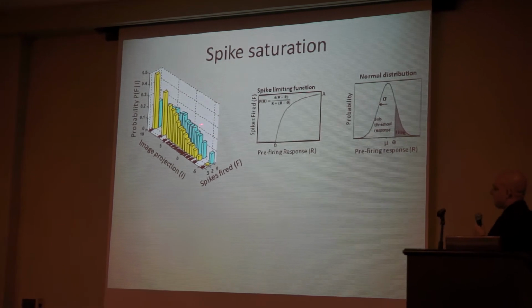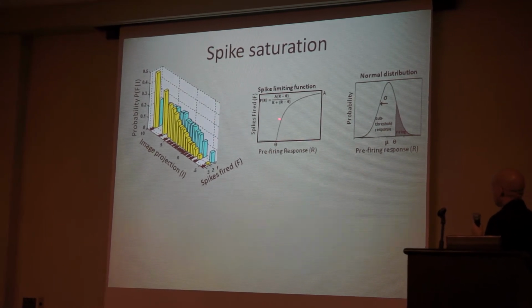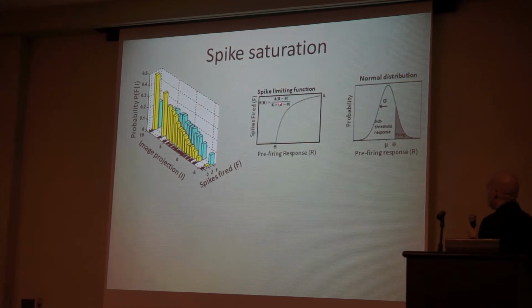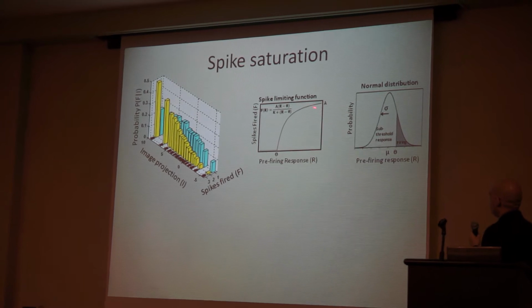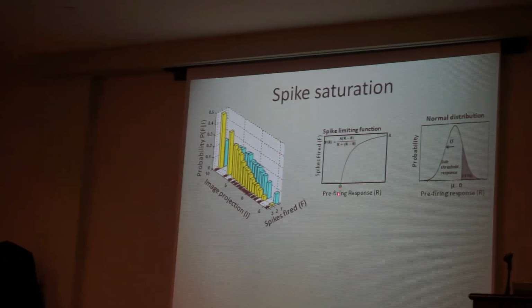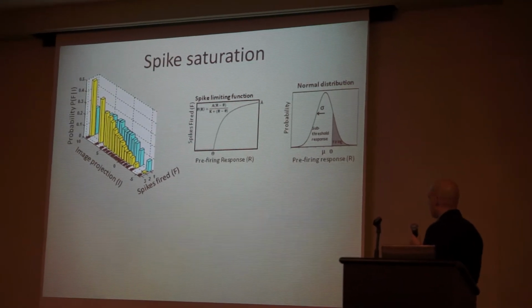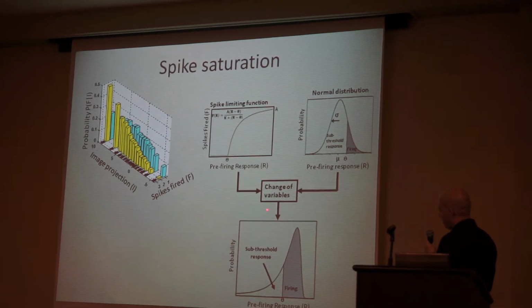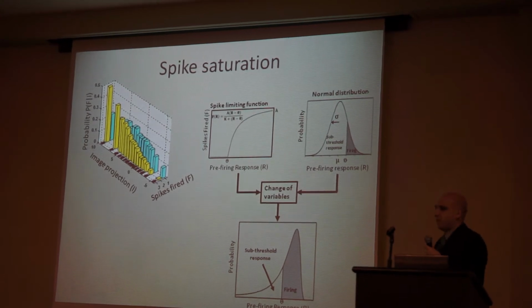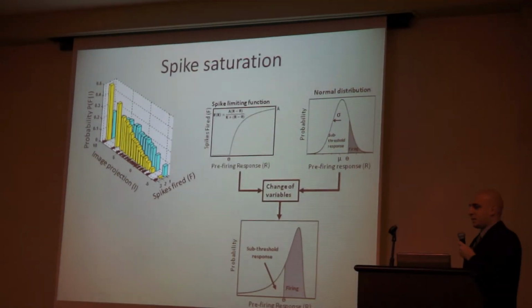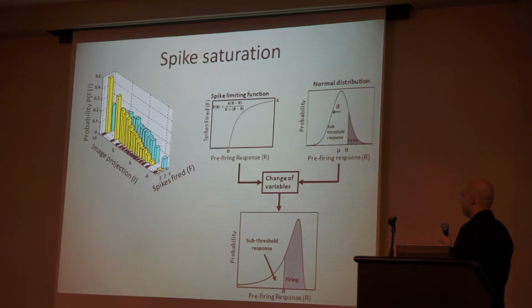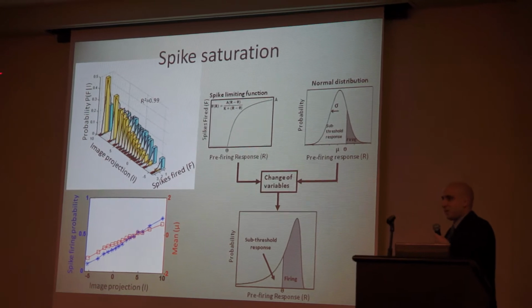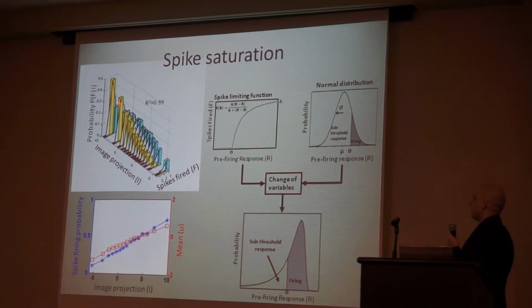So we created a spike limiting function that has two free parameters, A and K, A controlling the maximal firing rate, and K the sensitivity to saturation. And we combined it with the normal distribution using a change of variable operation to generate a probability distribution that is not necessarily symmetric about a mean. And using this to fit our data, we saw that this function fits the data very well as well.